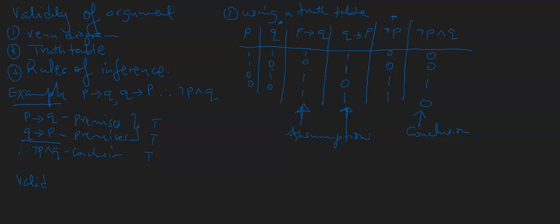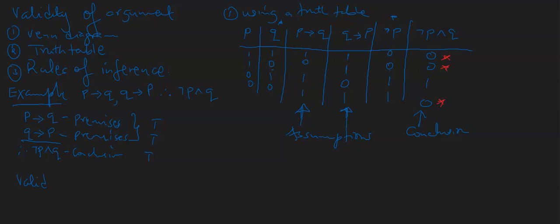These are the assumptions. If you use a truth table, the best thing to do is you go under the column of conclusion and you look for any row with an F. And in our case, it is this row where the conclusion is false, and this one, and that one.